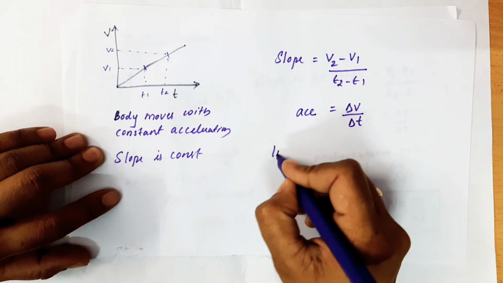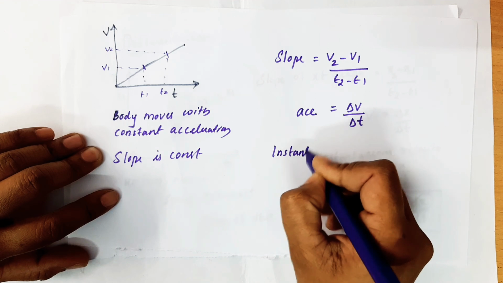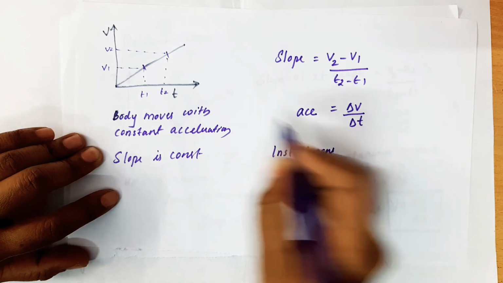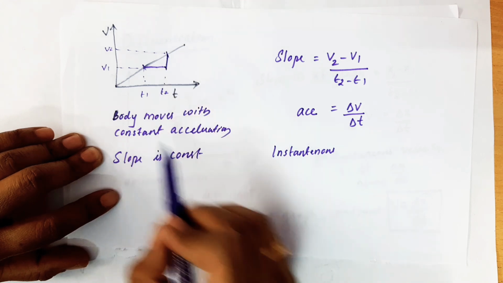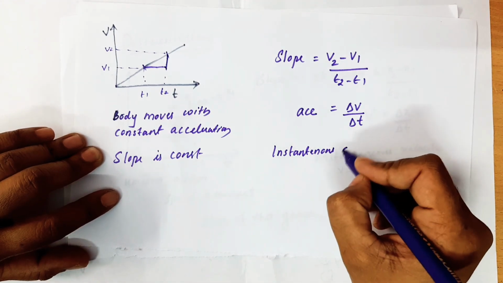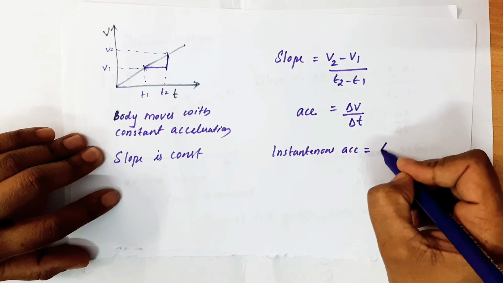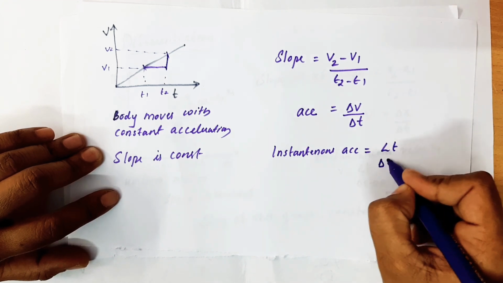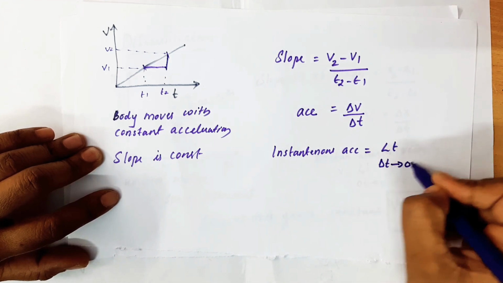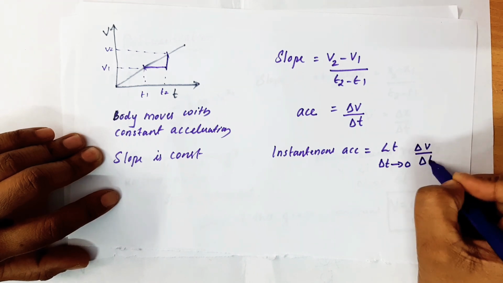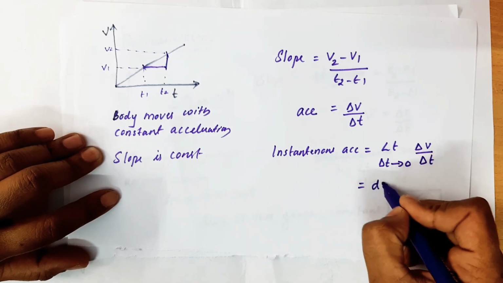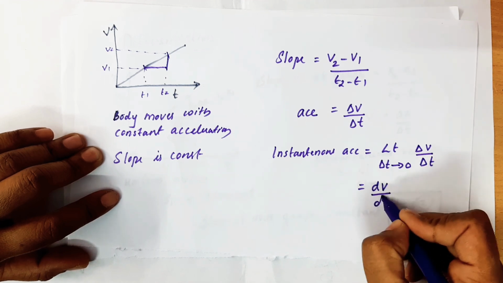Here also, this is for the interval we have taken, so it is like an average. If you need instantaneous acceleration, we write limit delta t tends to 0 of delta v by delta t. I can write this in a new form, dv by dt.